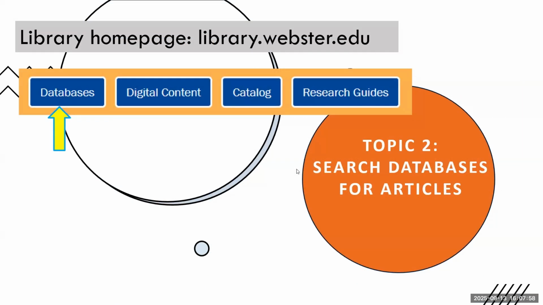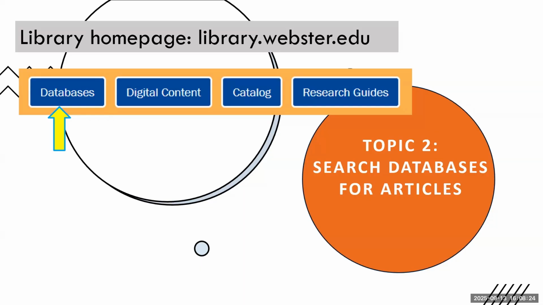Now let's look at how to find articles on a topic. We suggest that you begin by selecting a subject database that seems likely to have articles on your topic. Databases are online collections of sources arranged by subject, for example, business, international relations, or human resources, or format, articles, ebooks, or financial statements.